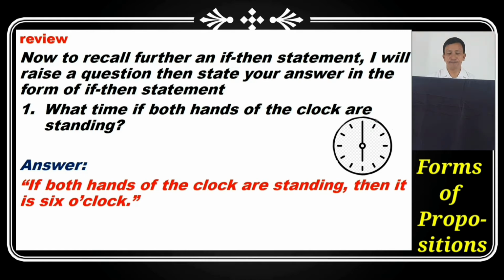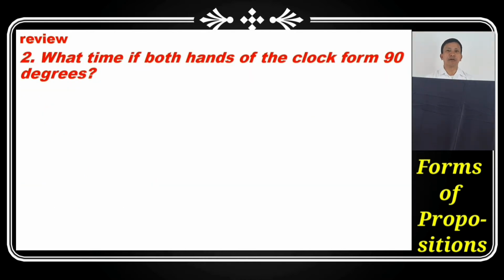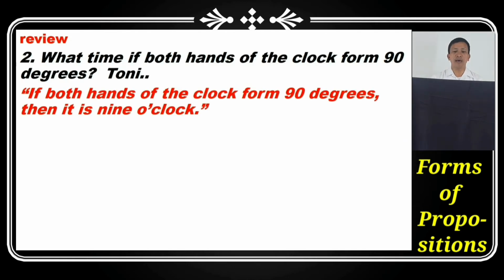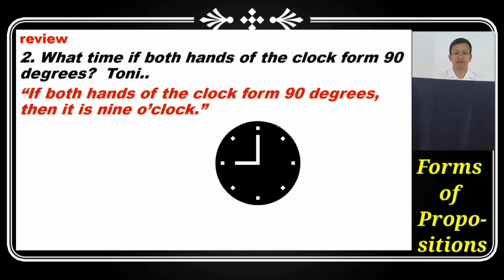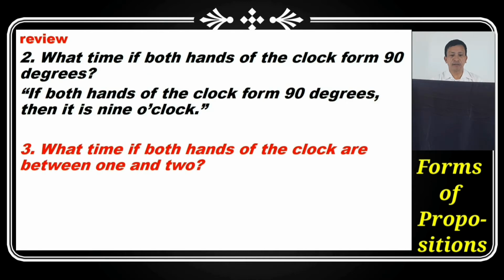Great, Bobette. Next, number 2. What time is it if both hands of the clock form 90 degrees? Tony? If both hands of the clock form 90 degrees, then it is 9 o'clock. Great also, Tony.